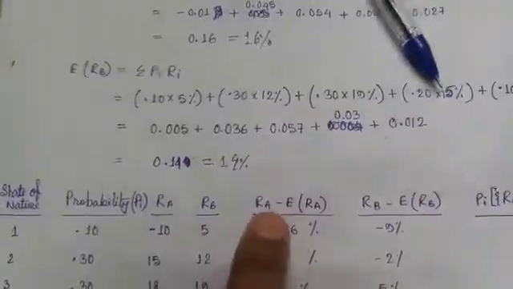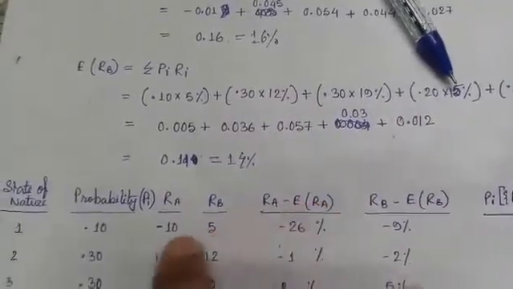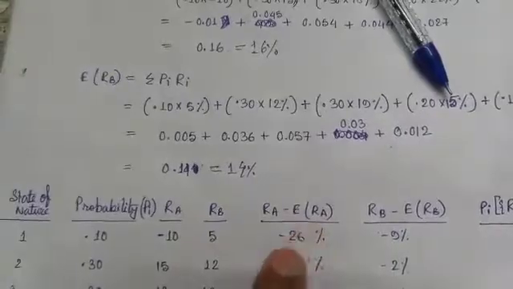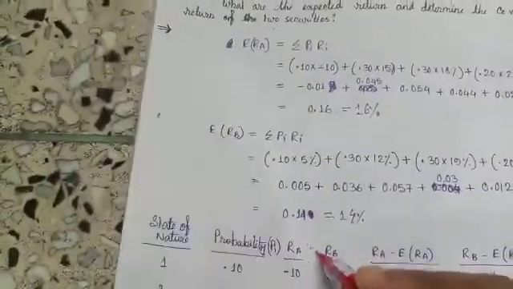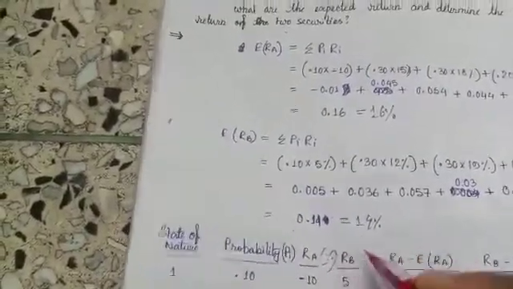So, the mean deviation, that means RA minus ERA, is minus 10% minus 16%, that means minus 26%. Both these figures are given in percentage.